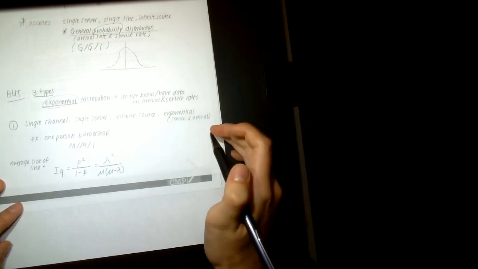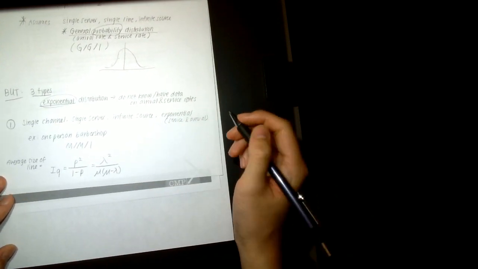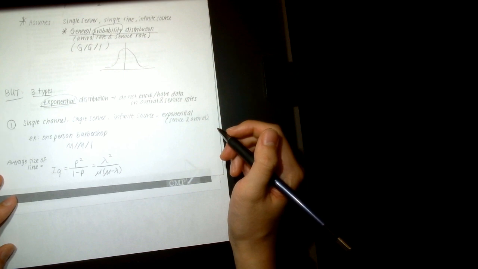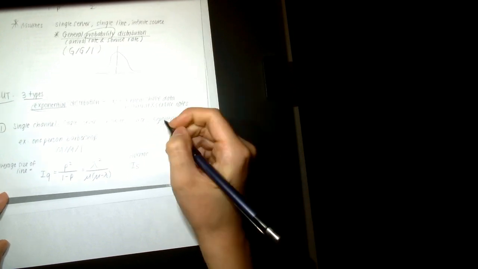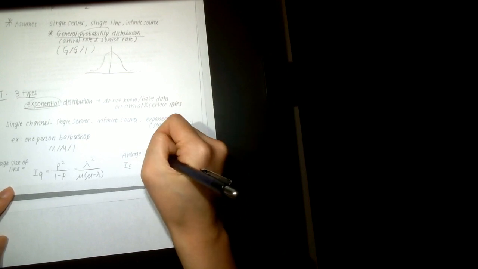So in this case, the average size of the line would be this formula here, and this is just given from him. The average size of the entire system.